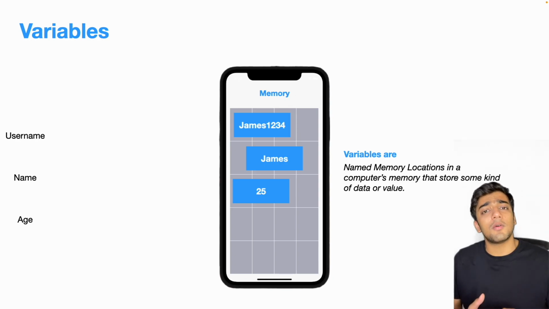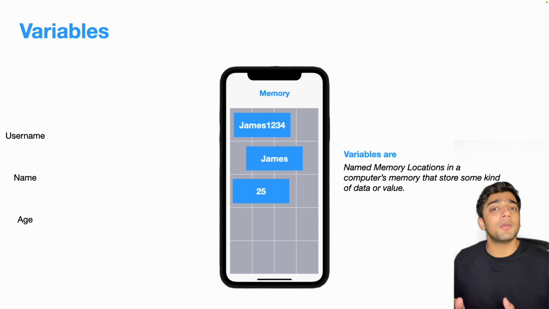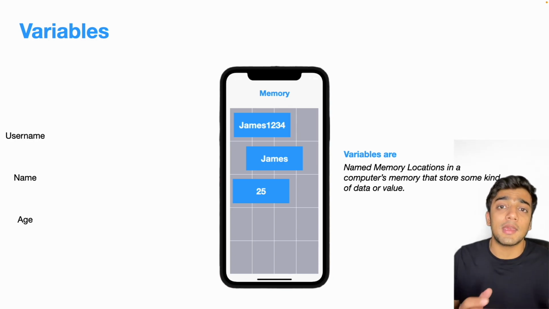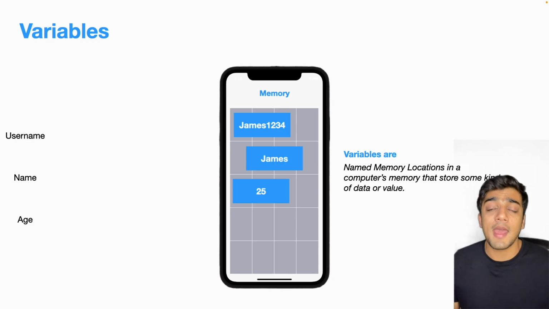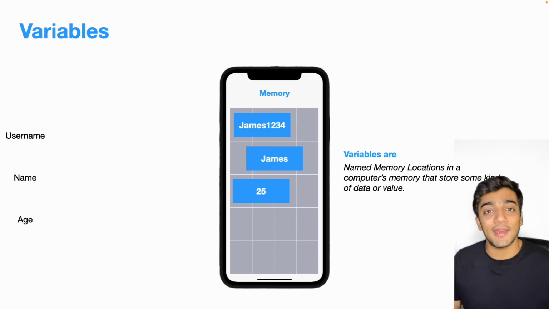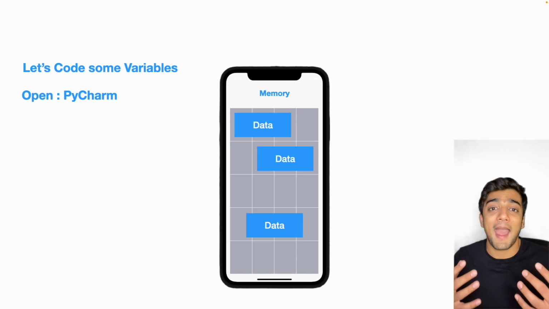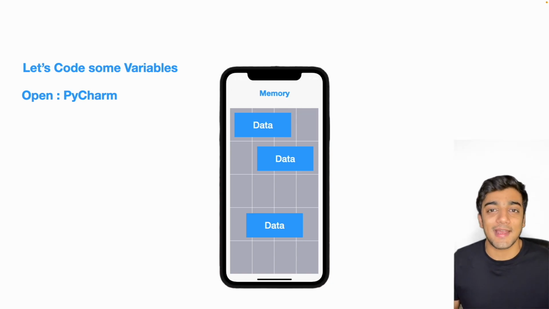All you need to know is that variables simply help you store a value inside your computer's memory so that you can use it later in your program, as well as change the value you've already stored inside a certain variable. Enough talking, let's get into PyCharm and start coding and learn more about variables by actually doing some exercises.